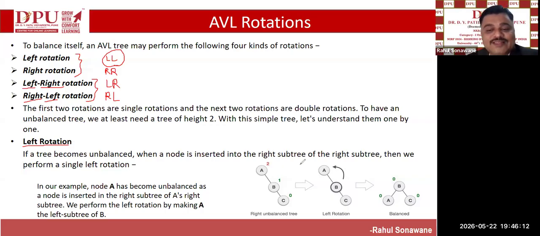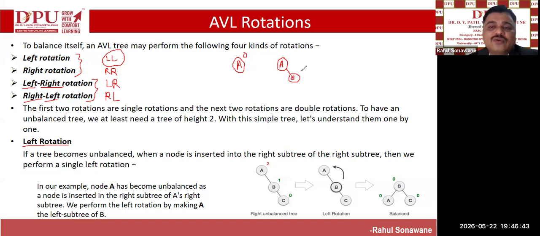Now, while constructing such a tree, let's say first of all A comes. So A we will consider as the root. A's balance factor will be zero because there is no left subtree and no right subtree, so the difference will be zero. Now after A, suppose the next value that comes is B. B will be compared with A. B is greater than A, so it will be kept in the right subtree.